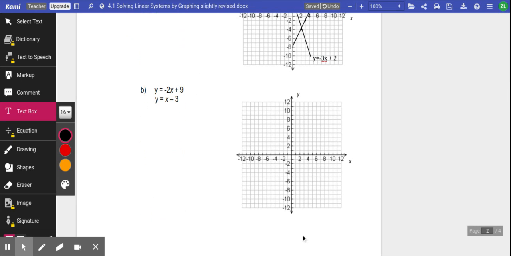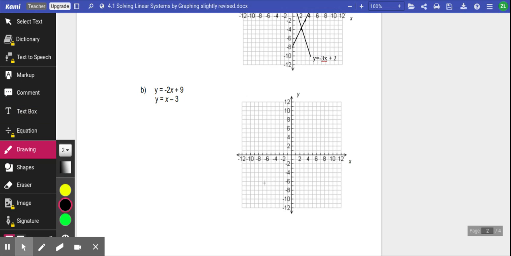For these two right here, we have, once again, y equals negative 2x plus 9. Negative 2 is the slope of this one, and positive 9 is the y-intercept. So let's do the y-intercept first. Then negative 2 would be down 2, 1 to the right. Down 2, 1 to the right.